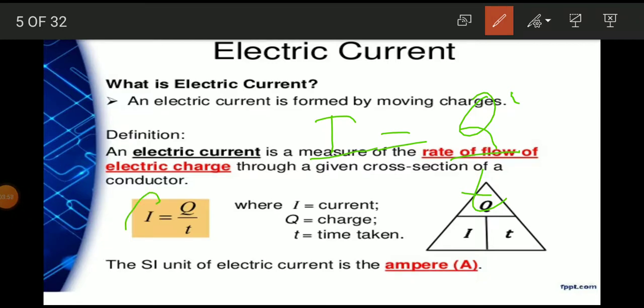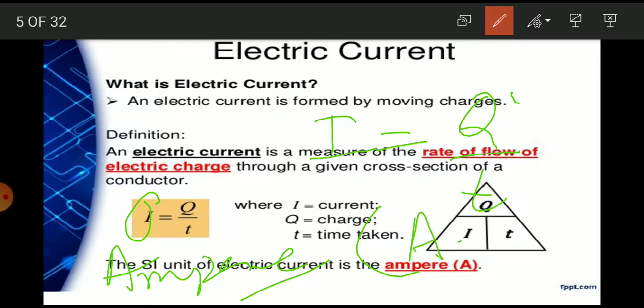Electric current is measured in ampere. The unit of electric current is ampere, symbolically represented by A. The unit of charge is coulomb, and the unit of time is second.